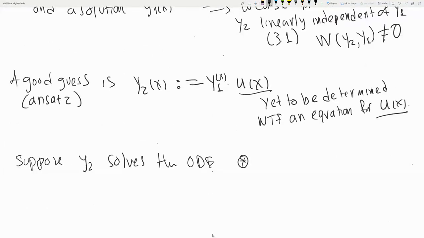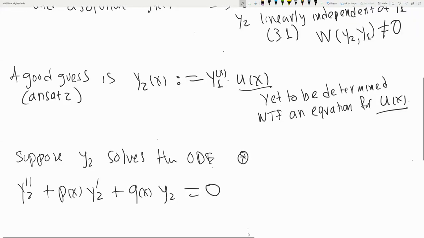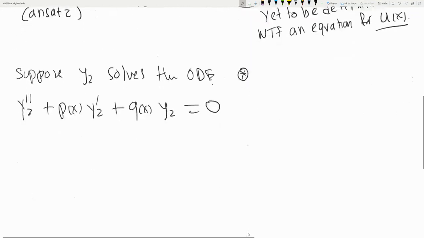Okay, what do we have? We have y2 double prime plus p(x) y2 prime plus q(x) y2 is equal to 0. Now use that y2 is defined to be u times y1.